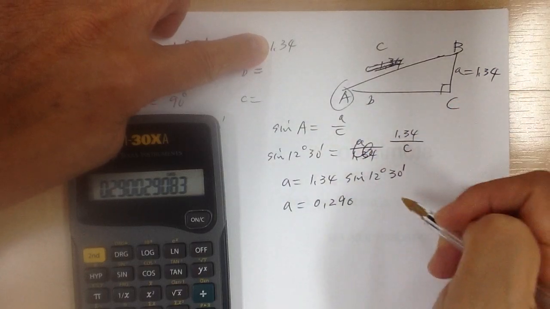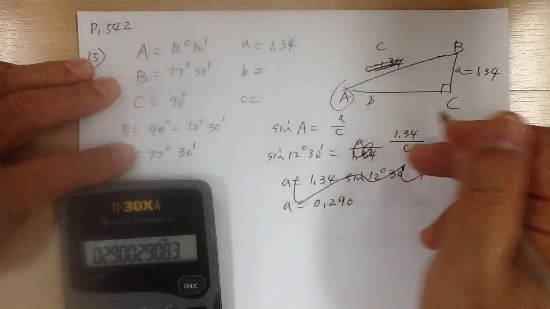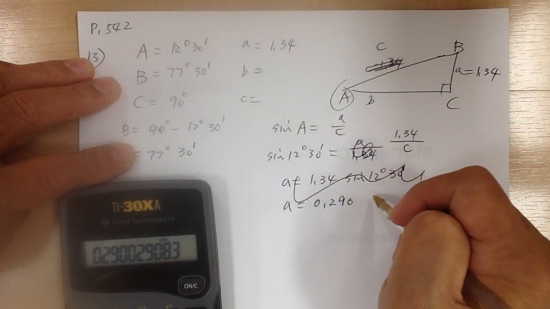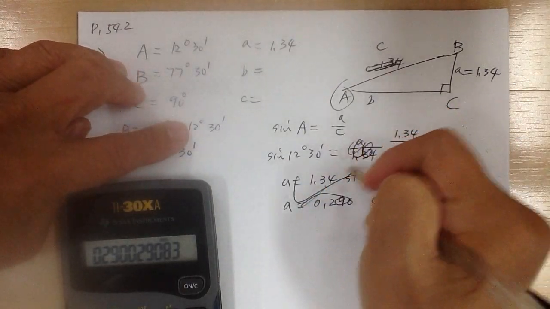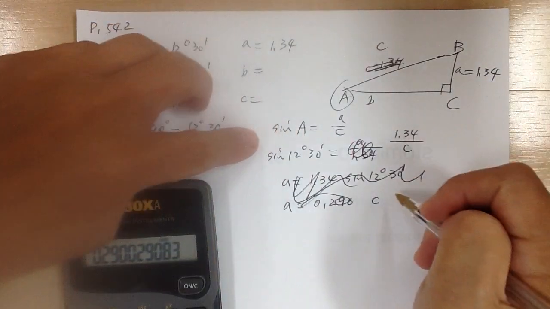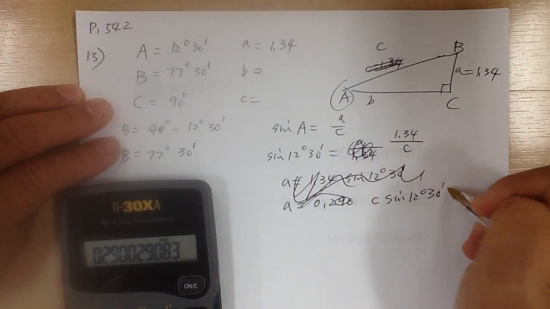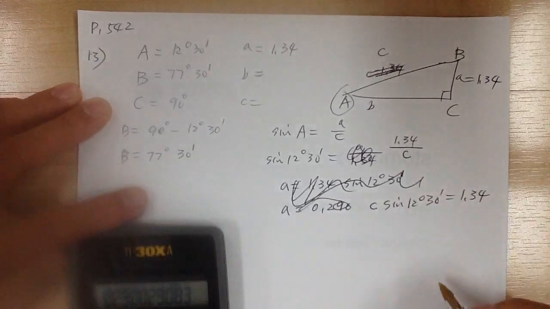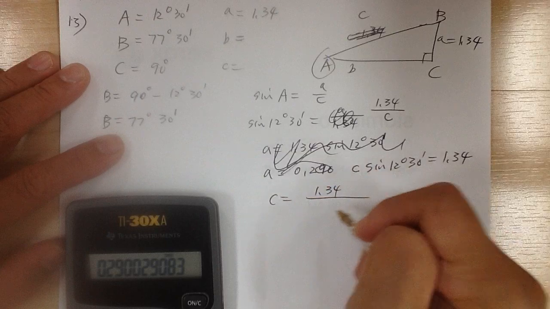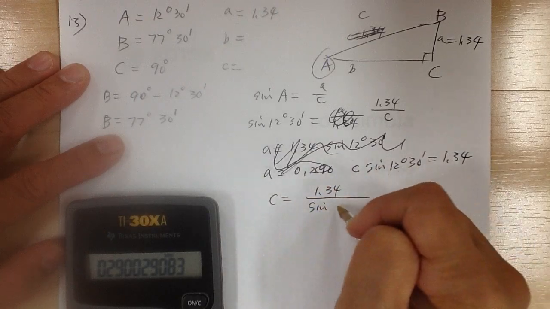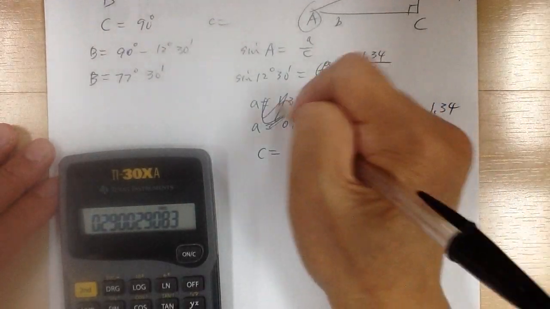I have this backward. So cross multiply. You have C. Yeah, I have this backwards. So cross multiply. So C sine of 12 degrees 30 minutes equal to 1.34. There you go. Then divide. So C equal to 1.34 divided by sine of 12 degrees 30 minutes.